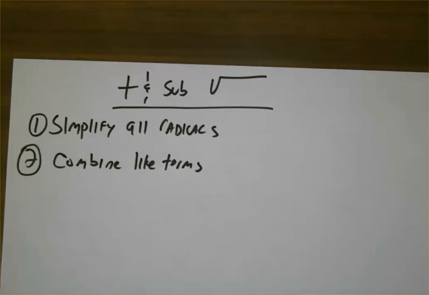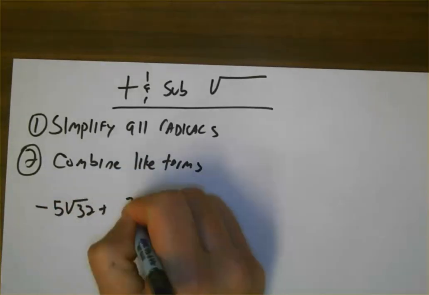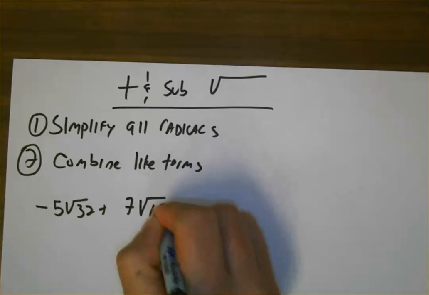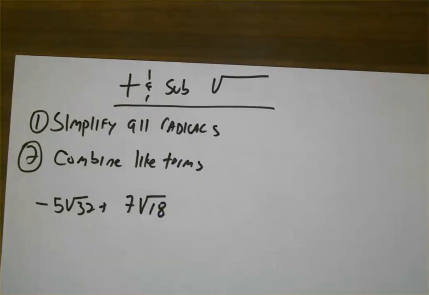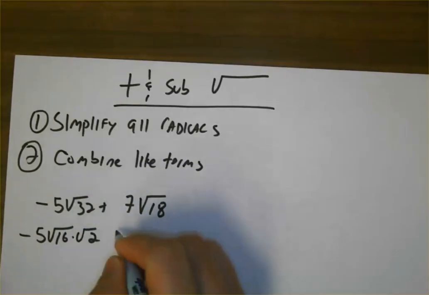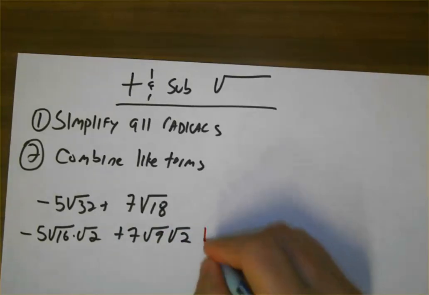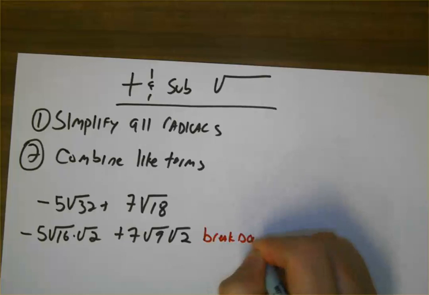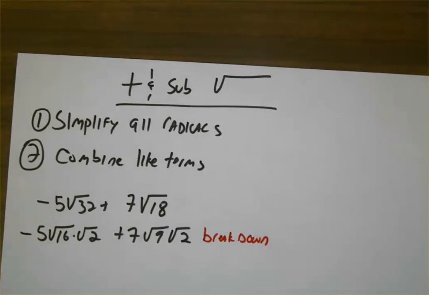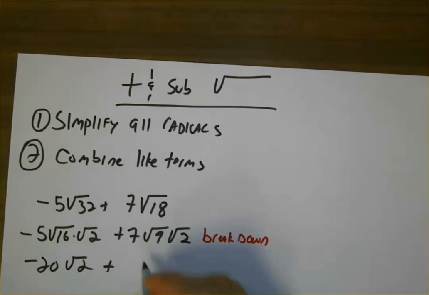So what if I have, for example, negative 5 radical 32 plus 7 square root of 18. First I want to simplify. Can I break down radical 32? I think that breaks down to radical 16 times radical 2. And radical 18 is radical 9 times radical 2. Radical 16 becomes 4, so this is negative 20 square root of 2 plus 21 radical 2.